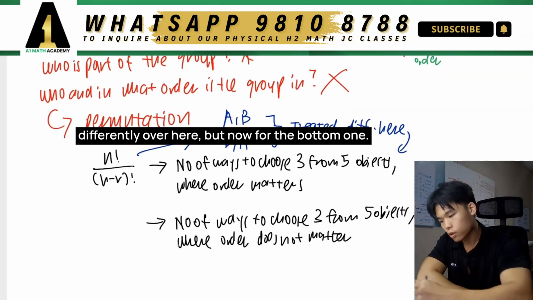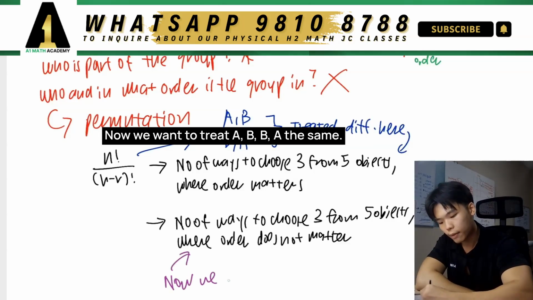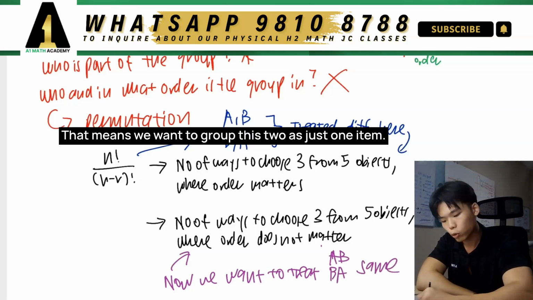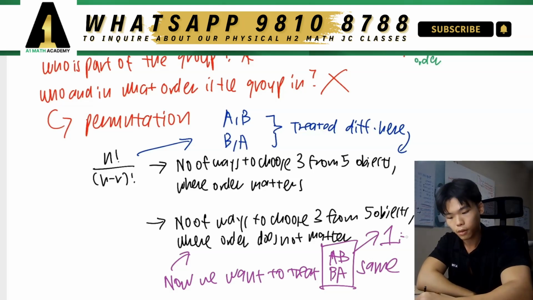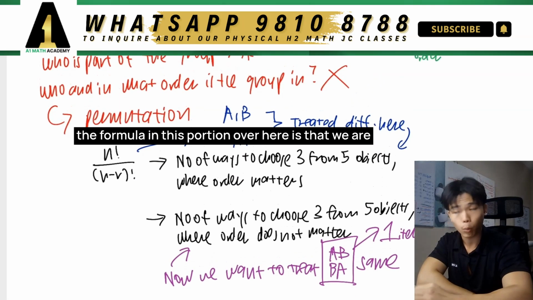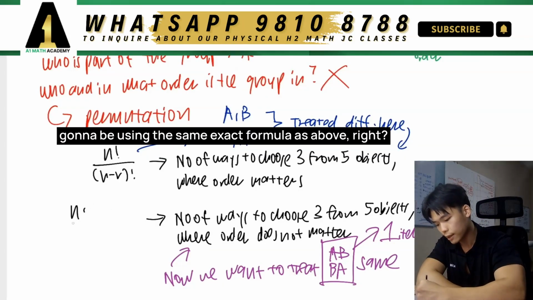But now, for the bottom one, we want to treat AB, BA the same. That means we want to group these two as just one item. So the only difference between the top formula and the formula in this portion is that we're going to be using the same exact formula as above.